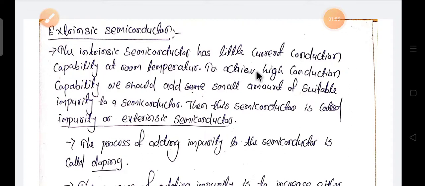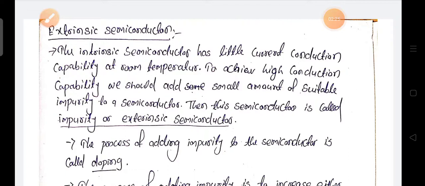To achieve this improvement, high conduction capacity, we should add a small amount of suitable impurity to the pure form of semiconductor, that is, intrinsic semiconductor.